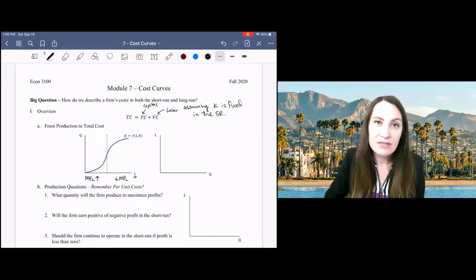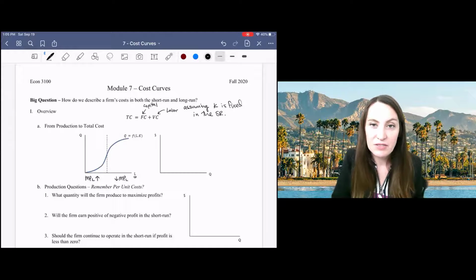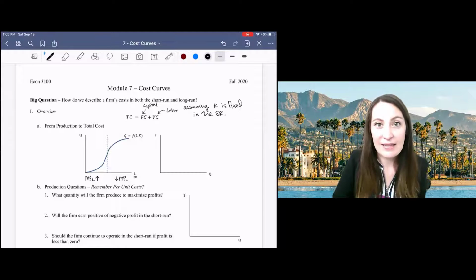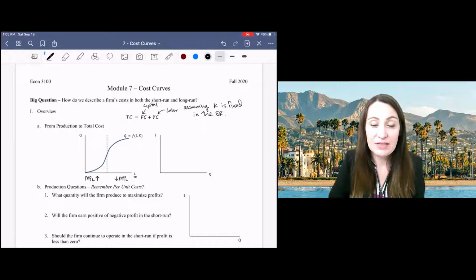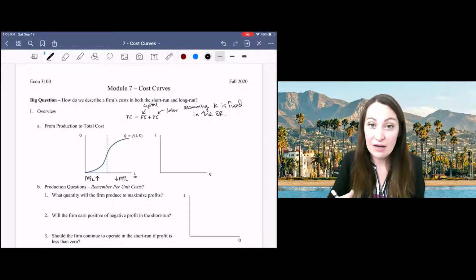So how does this thinking about marginal product, the slope of the production function, translate into thinking about cost? Well, each unit of labor costs something. It costs the wage. So if I say that each unit of labor produces more output, then that's the same as decreasing the cost per unit of output.